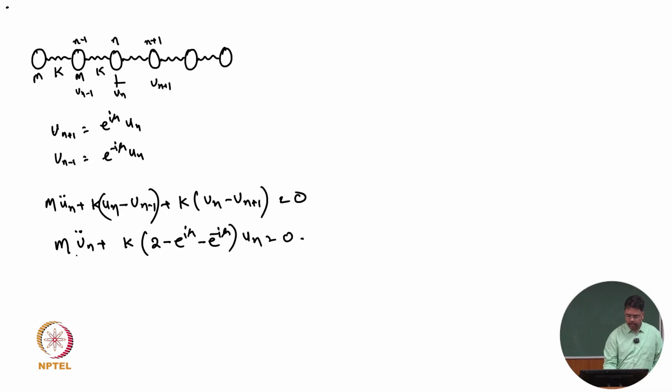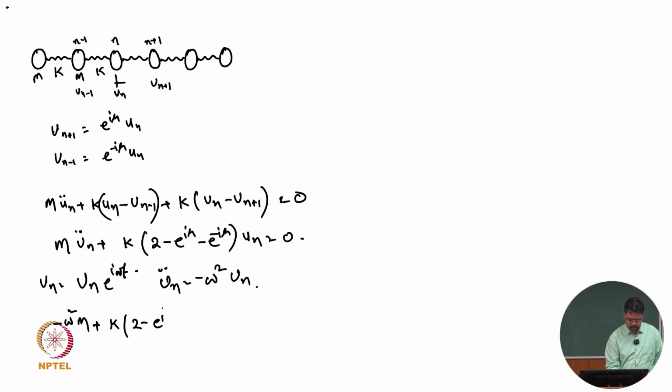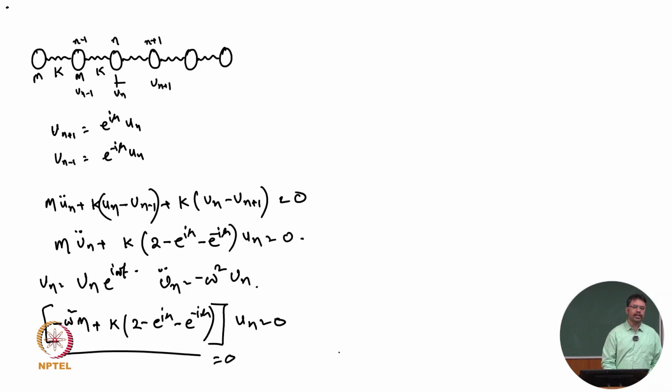Now if I assume a harmonic solution, that is u equal to un e to the power of i omega t, I can write un double dot equal to minus omega square un. So this one will become minus omega square m plus k into 2 minus e to the power of i mu minus e to the power of minus i mu, whole into un, that is equal to 0. This thing is equal to 0 because un cannot be 0.